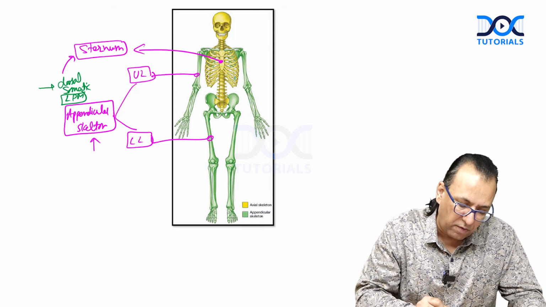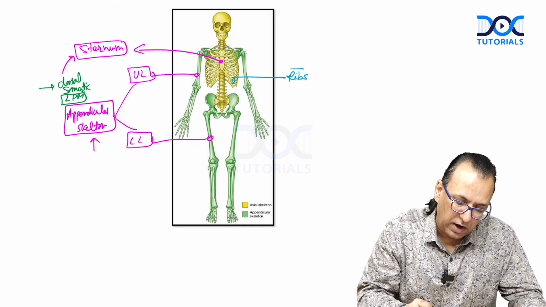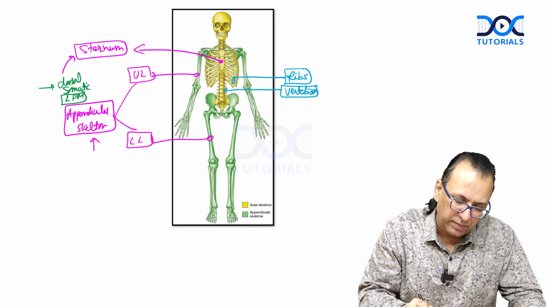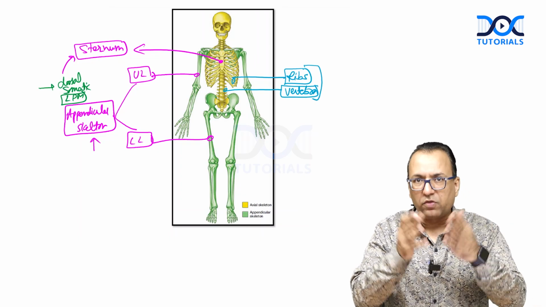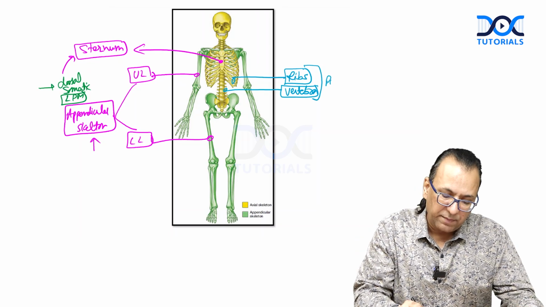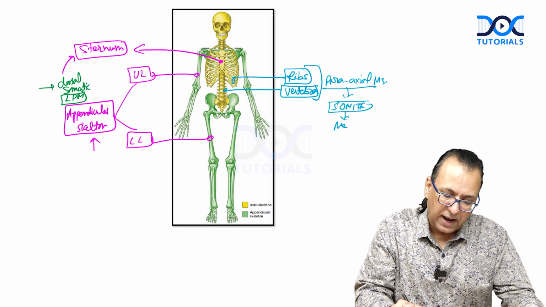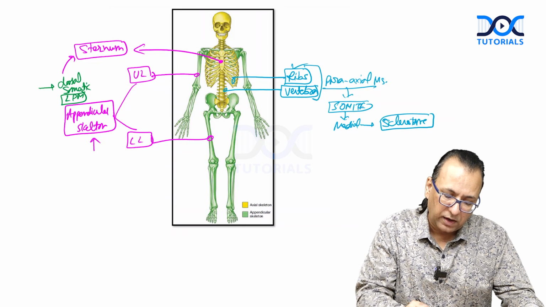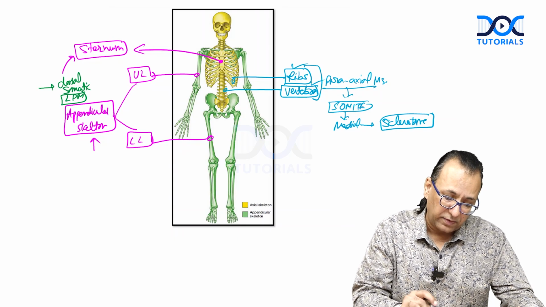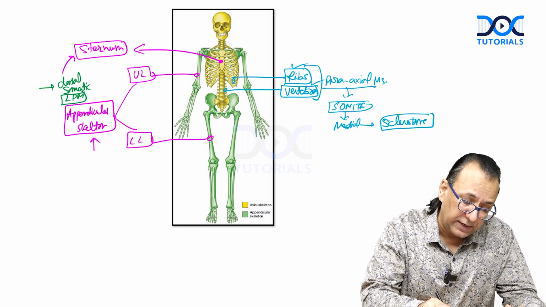Whereas if we talk about the ribs and the vertebra, where are they coming from? We have told they are on the side, paraxial. They are coming from the paraxial mesoderm. Paraxial mesoderm will be forming the somite, and the somite will have one medial component, the sclerotome. So it is the sclerotome which is going to form the ribs and the vertebra. Then what about most of the skull bones?